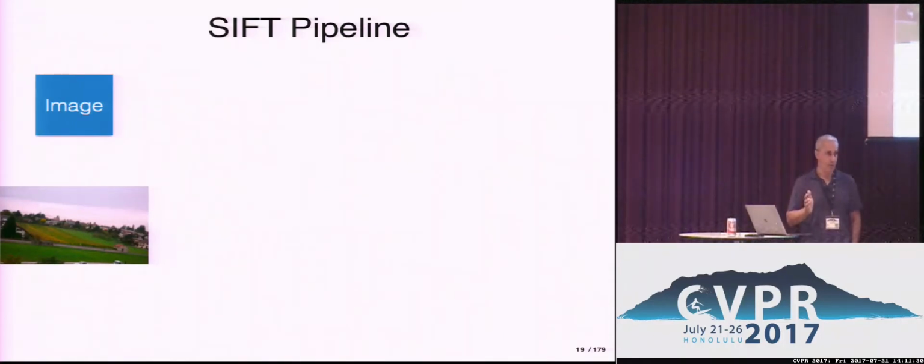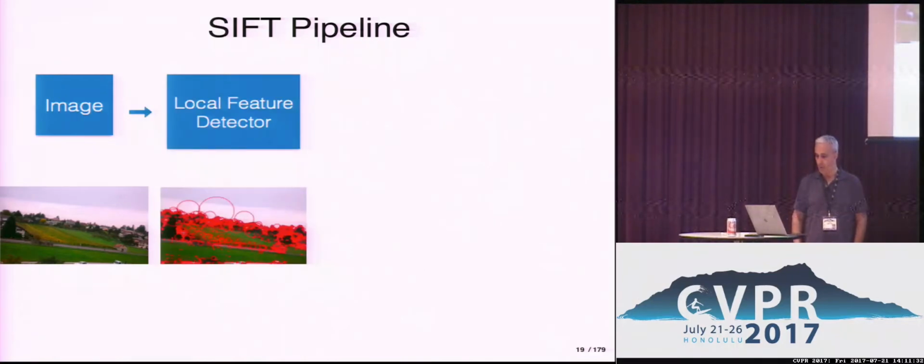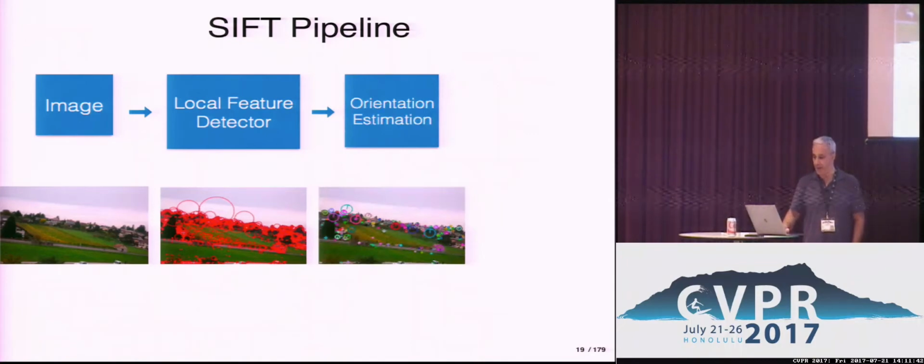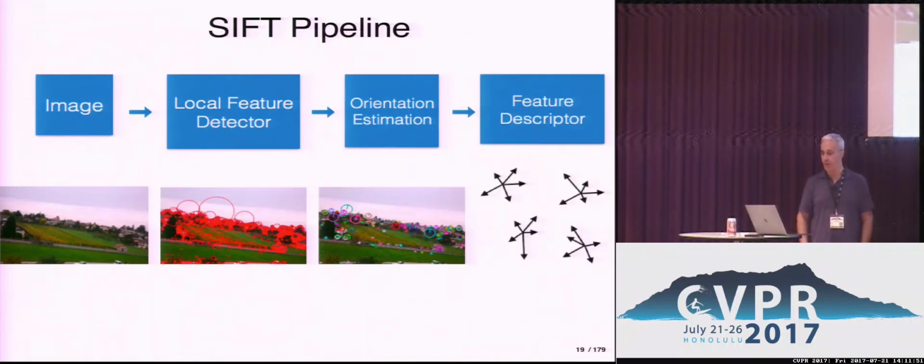Well, you take an image, you detect interest points or corner points, points where the signal is interesting in some sense. Then at every one of these points, you compute a local orientation. And given that orientation, you compute the feature descriptor that is meant to be invariant to rotations and translations of the image.